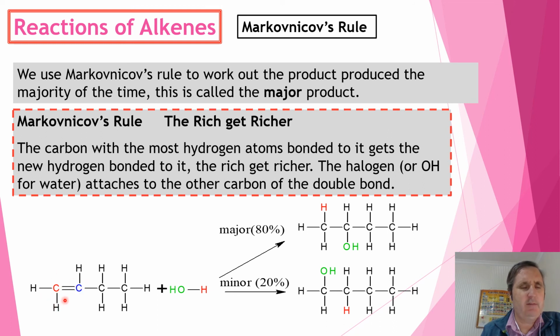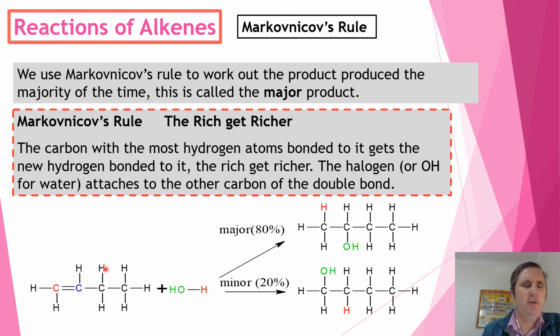So this is an asymmetric one. When we add the H and the OH from water here, there are two possible choices. Markovnikov's rule says that the carbon with the most hydrogens attached in the first place is the one where the next hydrogen attaches. Hence, his rule is the rich get richer. The OH is attached to the other carbon.